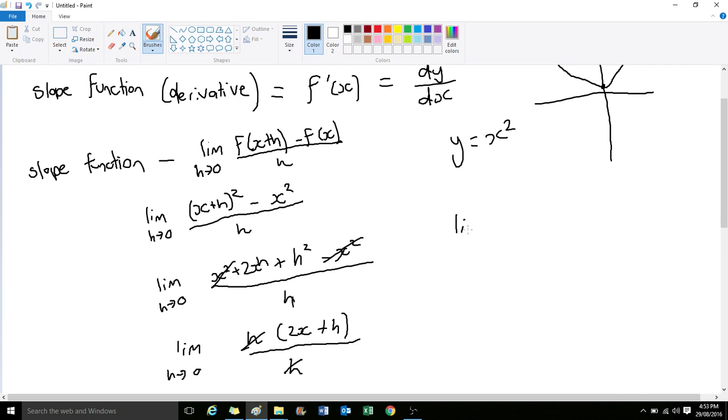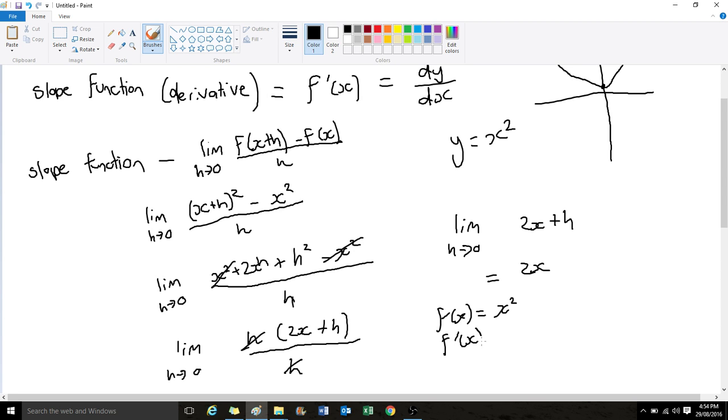So the limit as h approaches 0 of 2x plus h. Now this h is approaching 0, which means our answer is 2x. So the slope function is: if f(x) equals x squared, then f dash x equals 2x. So we can find the slope on x squared for any value of x.